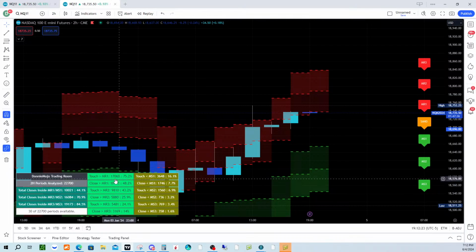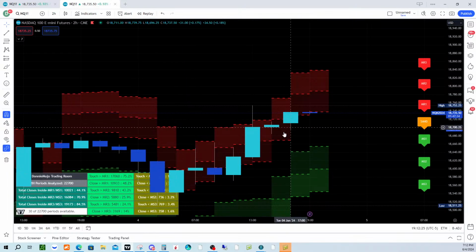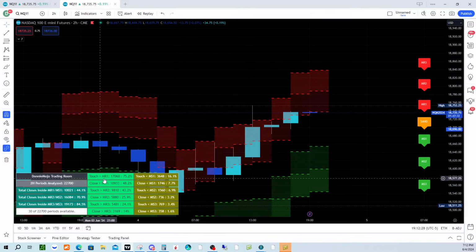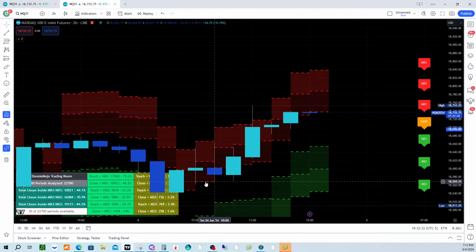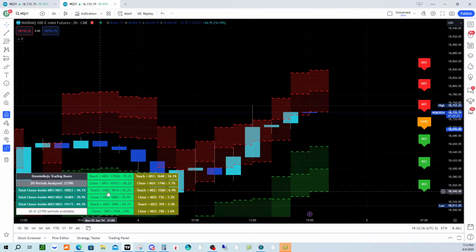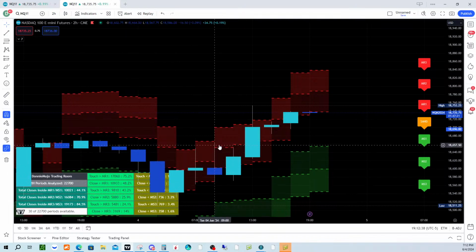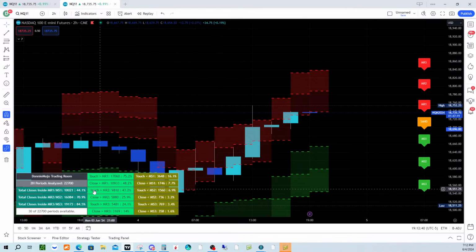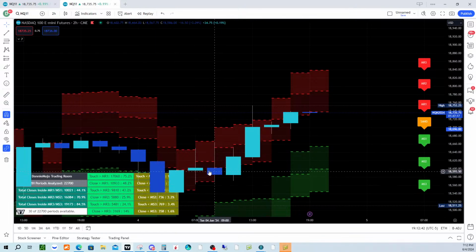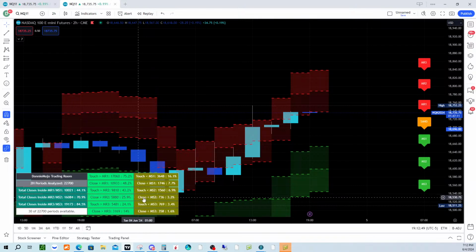So you can see it touched it and blew through it 75% of the time. And then it closed greater than this first line here 48% of the time. It touched it and blew through the second line 43% of the time, and closed greater than it 25.9% of the time. So you can see the statistics keep getting better and better.